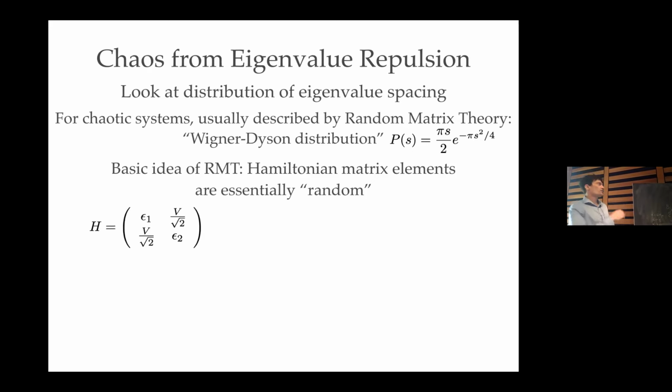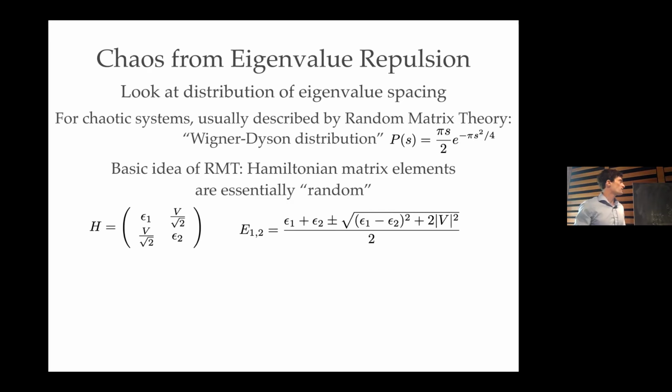The idea is the energies of atomic nuclei are very hard to compute. And so, Wigner's bold idea was, well, let's just pretend they're random, okay? And that actually turns out to do pretty well. So imagine that your Hamiltonian is just a matrix with random entries. So here I've assumed it's a symmetric real matrix. So there are 3 independent parameters.